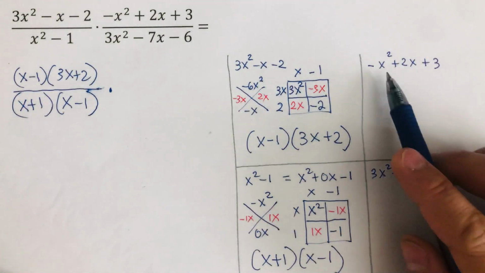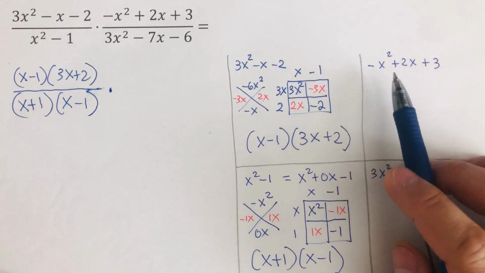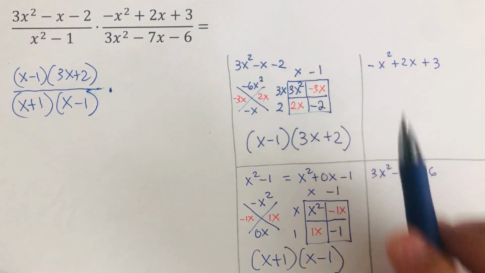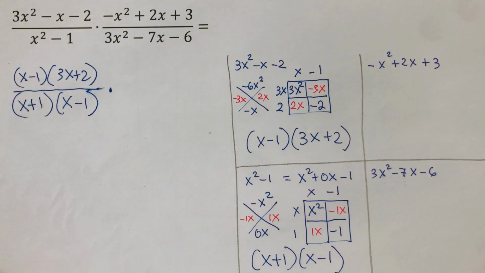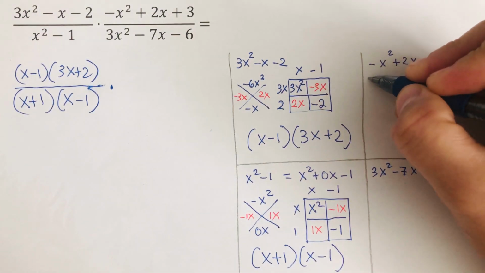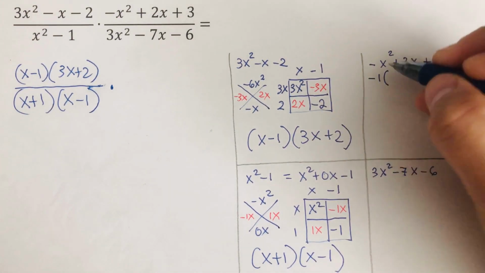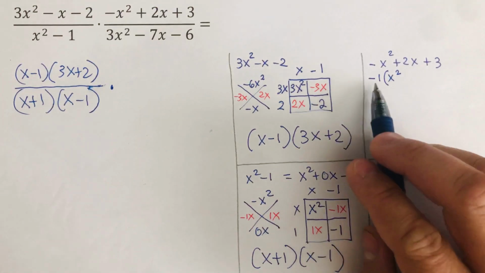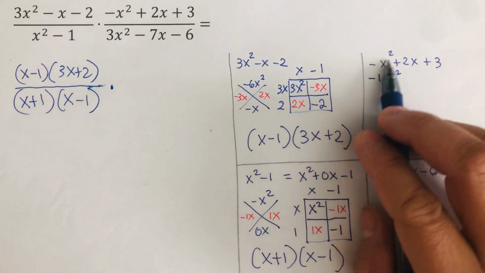Okay, I'm going to explain this a little bit right here. Since we have a negative x squared, we can actually factor out negative 1. So I go ahead and factor out negative 1 in this expression that we have here. So that would be negative 1 times x squared. If I multiply negative 1 times x squared, it is negative x squared.